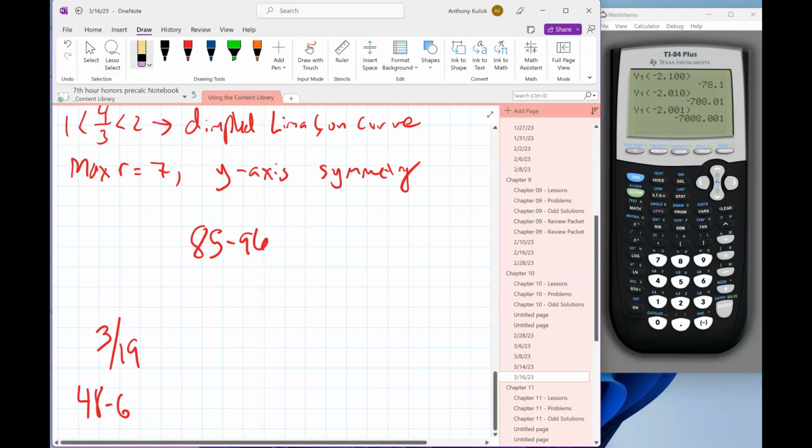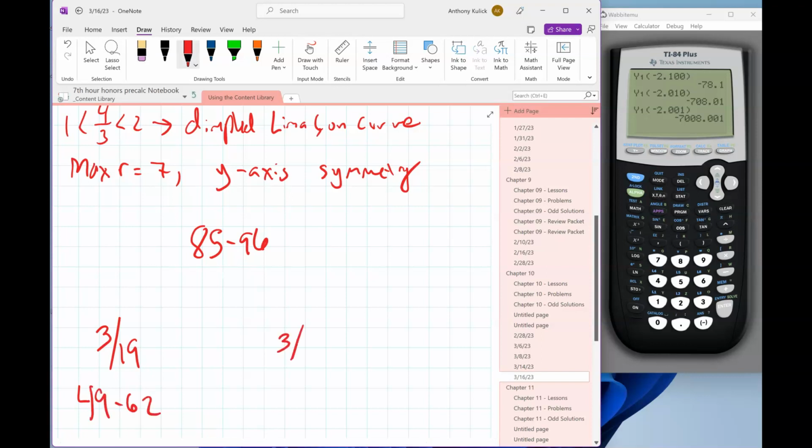It was 49 to 62. We almost tacked in some extra problems there. And then for next week, that's the 26th, we'll have 63 to 96. We'll put all those problems we've done this week into next week's.